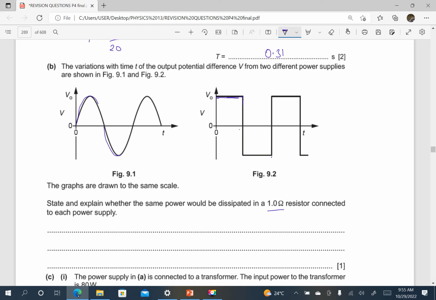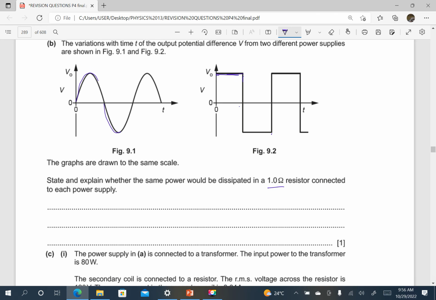That means the root mean square voltages are not going to be the same. This is sinusoidal, the other one is a square wave. Even though the peak values are the same, the root mean square values are different, so we cannot have the same power.